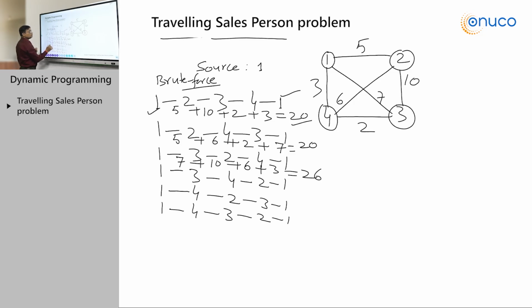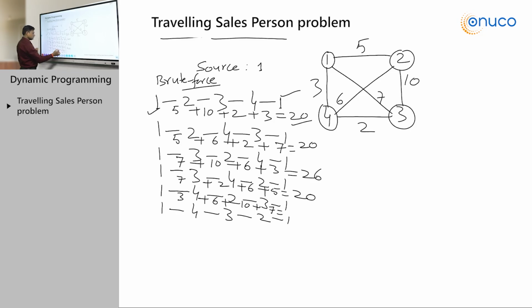Similarly, 1 to 3 is 7 plus 3 to 4 is 2 plus 4 to 2 is 6 plus 2 to 1 is 5. This is again 20. Similarly, 1 to 4 is 3 plus 4 to 2 is 6 plus 2 to 3 is 10 plus 3 to 1 is 7.